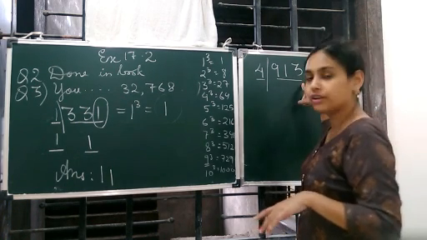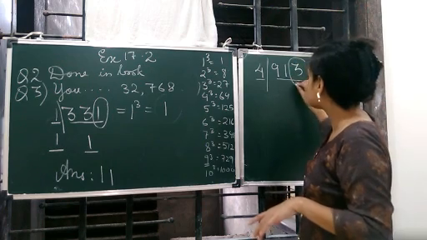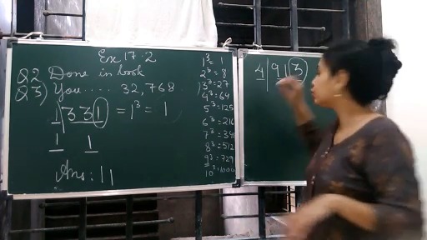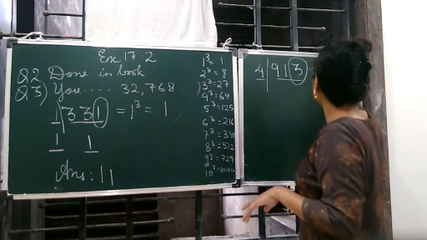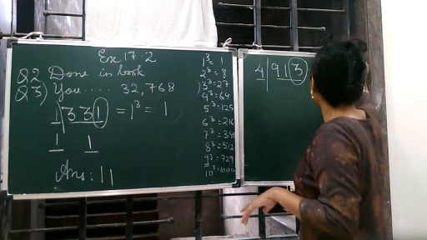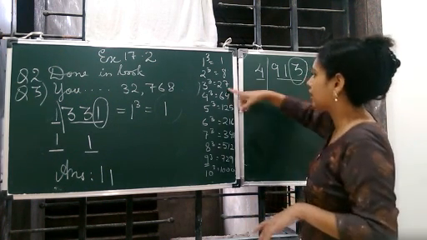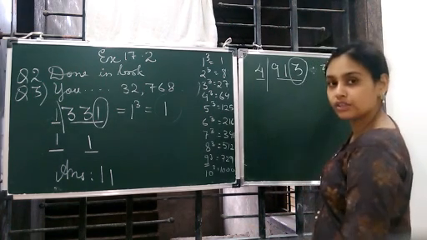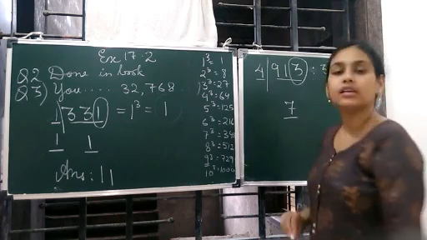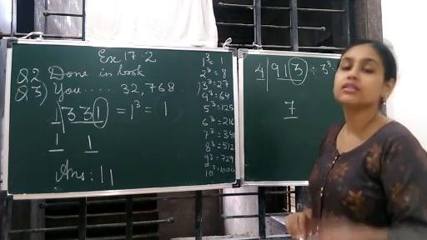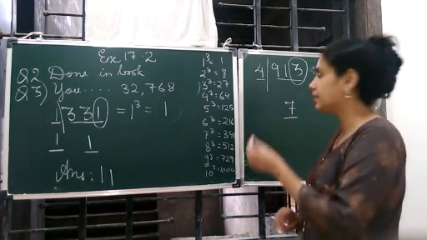Now for the first group, we go to the last digit. We find the cube of that last digit. 27. What is in the last place? 7. So here the last digit will be 7, or you can say the digit in the ones place will be 7.